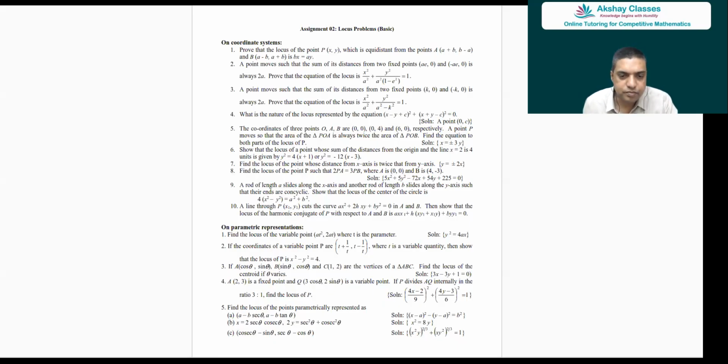Find the locus of the variable point at square comma 2at, where t is the parameter. This is the first one.